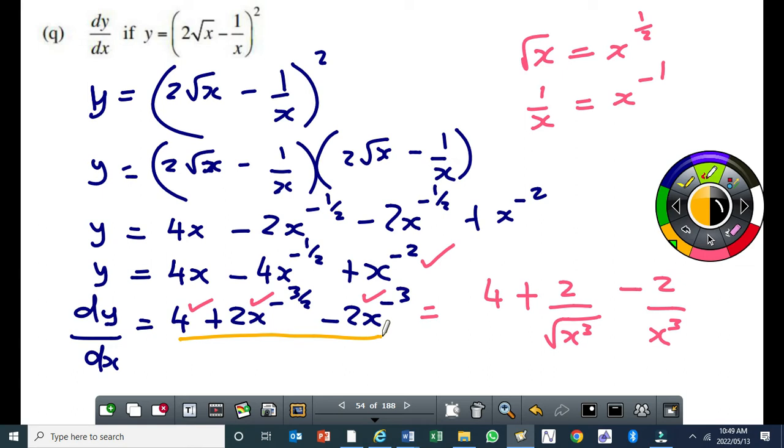Okay, look here. x to the power of minus 3 over 2. This is the same as 1 over x to the power of 3 over 2. Can you pay attention? You agree with me there? Are you aware that the denominator there is a 2?